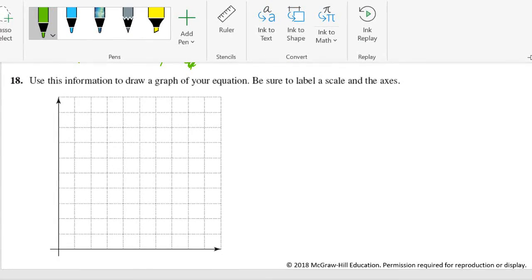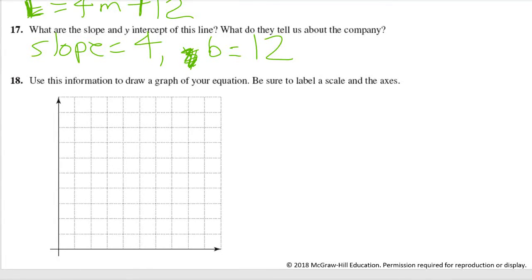Okay. So they don't give us anything to go by on here. So I'm going to say I don't really know how high to go. I'm just going to say we've got 10 lines. I'll go to 10 months.